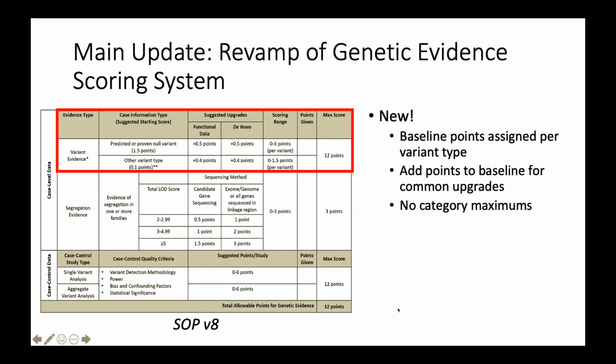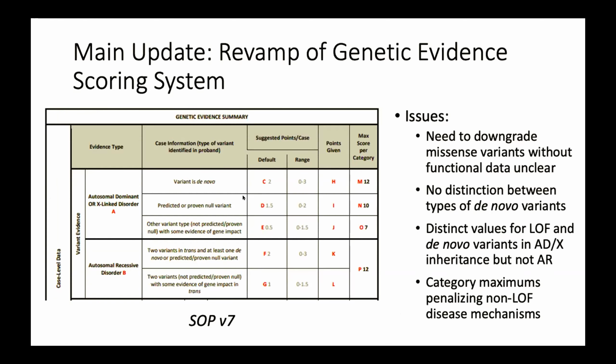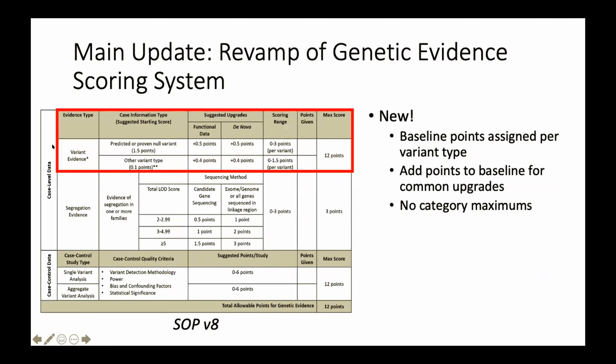And so here you saw the previous scoring that was divided between autosomal dominant, X-linked, and autosomal recessive. And again, it had de novo as its own category, which may be kind of confusing. So what you'll find is that it was summed up: each variant is now scored rather than just on a case level, dependent on whether it is a predicted or proven null or an other type of variant.